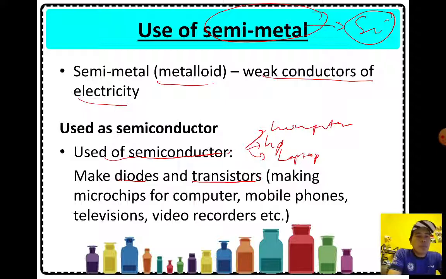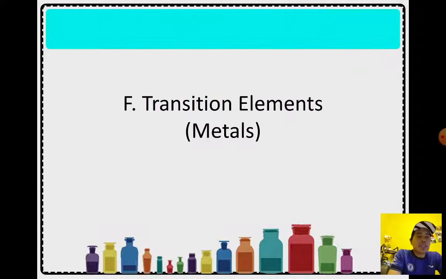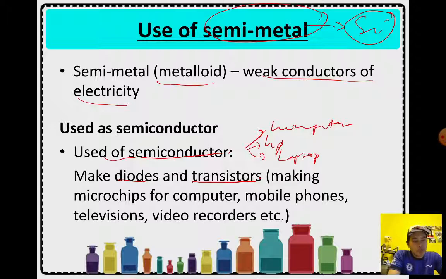Itu sebab semi metal ni banyak digunakan dalam industri alat-alat elektrik, alat-alat komunikasi lah senang. Okay, so that's all for our period 3. Itu sahaja yang awak perlu tahu tentang period 3.